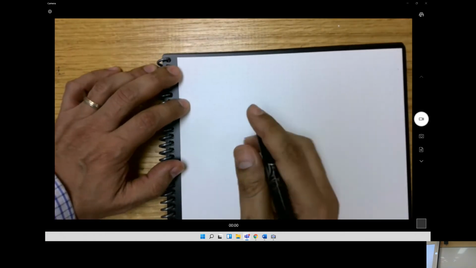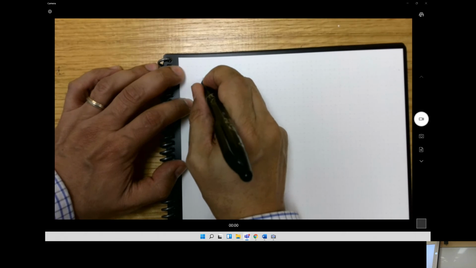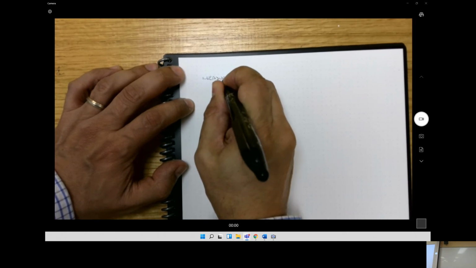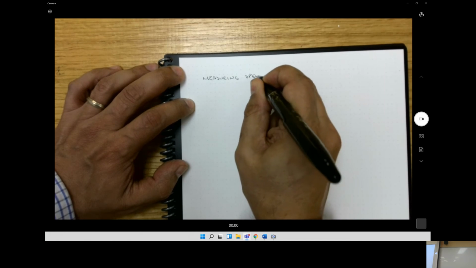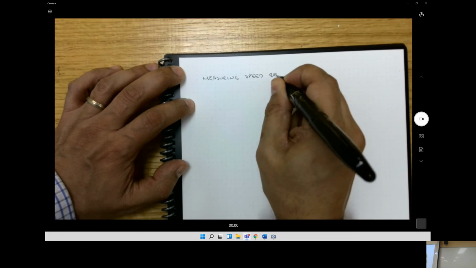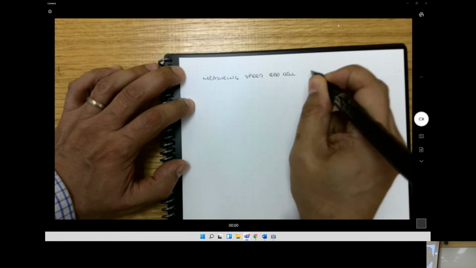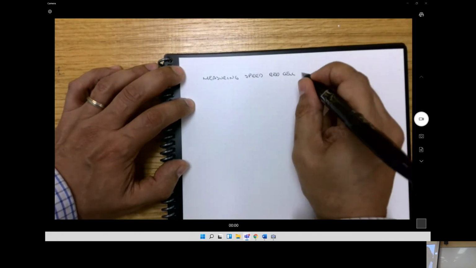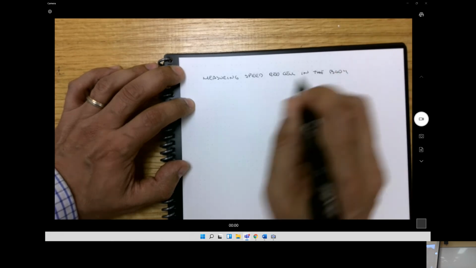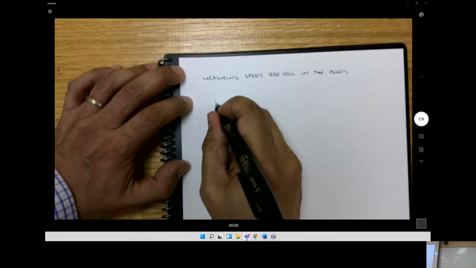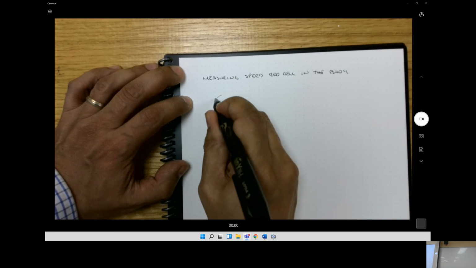Let's say that you have a Doppler effect measurement for your blood. I don't know how you call those things, but you are measuring the speed of red cells in the body. So you have your Doppler effect thingy.